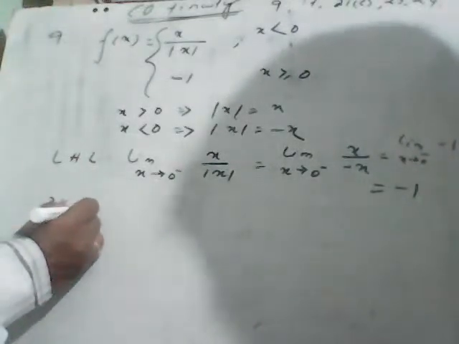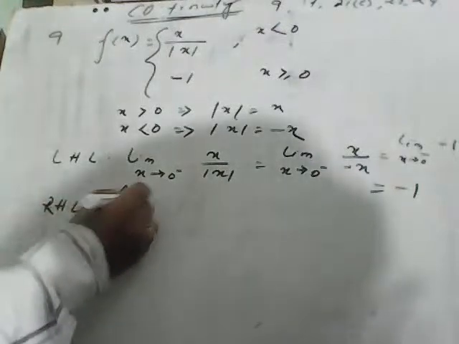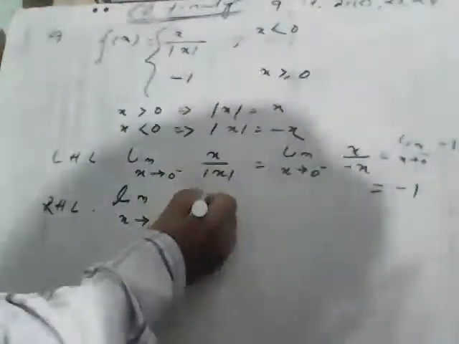Then right hand limit at x equal to 0. Right hand limit is limit x approaches 0 plus f(x). 0 plus means more than 0. When it is more than 0, it is given minus 1. So your answer is minus 1.